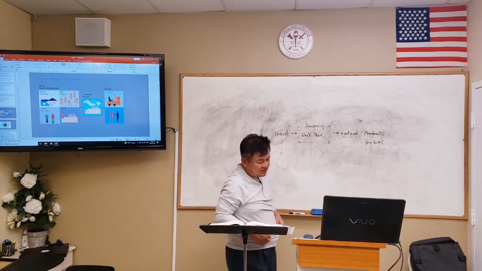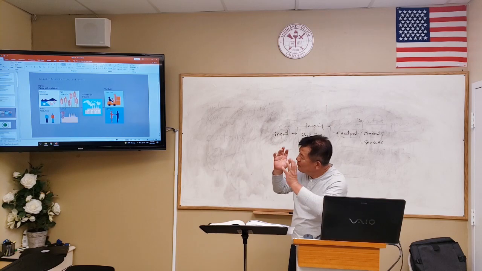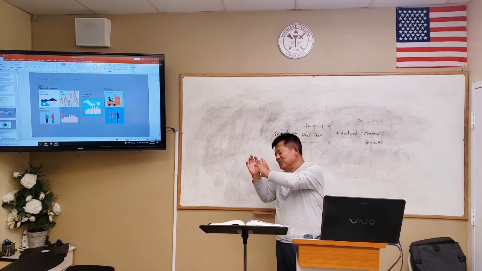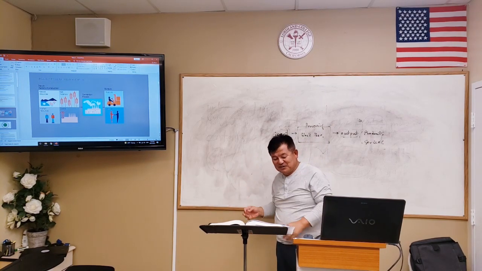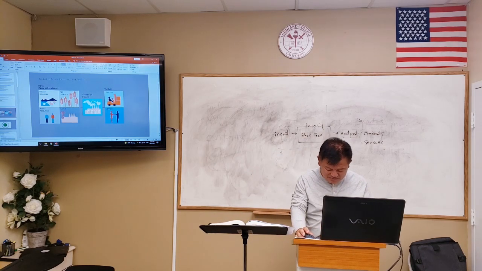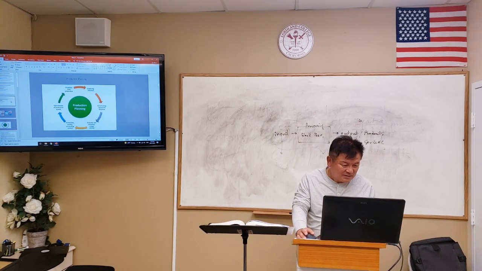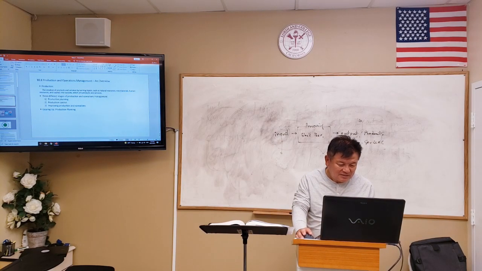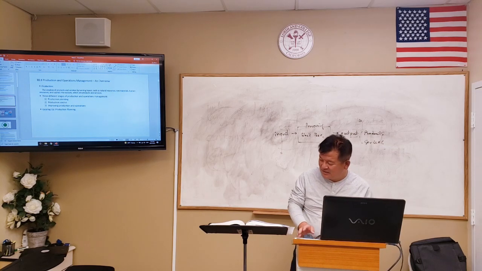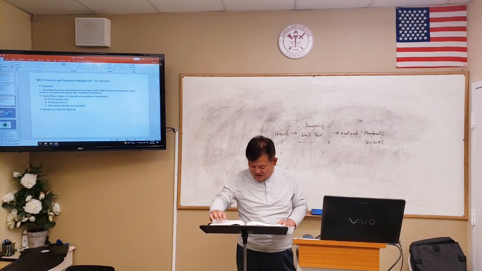Okay, it's an easy concept, but every process has some very difficult concepts. This is for operations management. There are three different stages of production and operations management: production planning, production control, and improving production and operations.